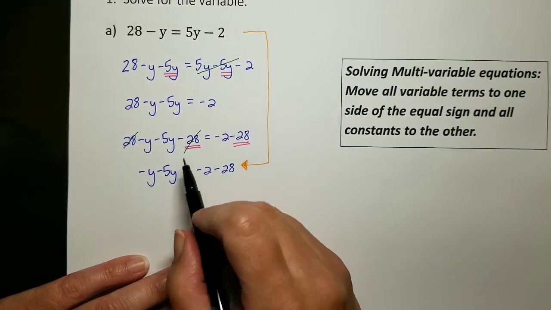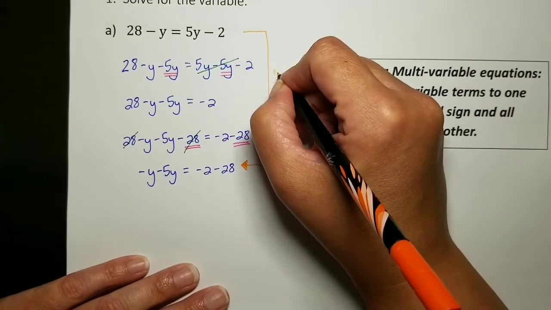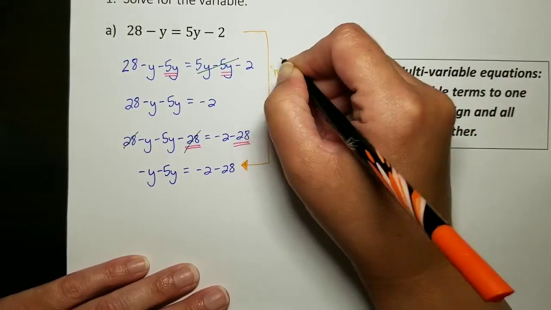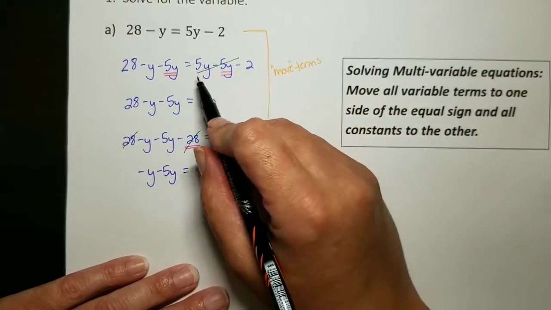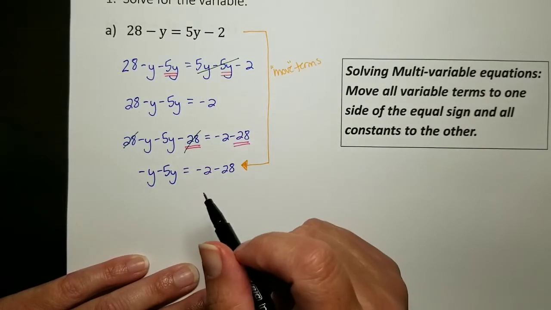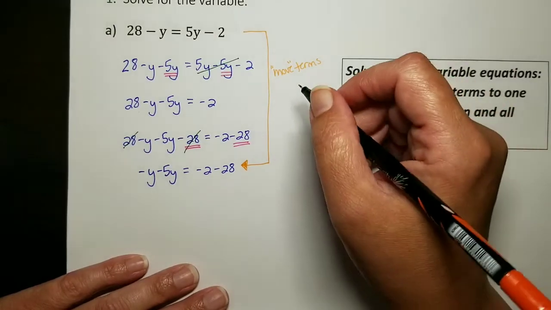We can move things by doing the opposite operation, okay? Move terms. We're not actually moving them. We're just doing opposite operations in a balanced way and not showing, eventually not showing where we have 5y minus 5y or 28 minus 28. We're going to kind of shortcut that.